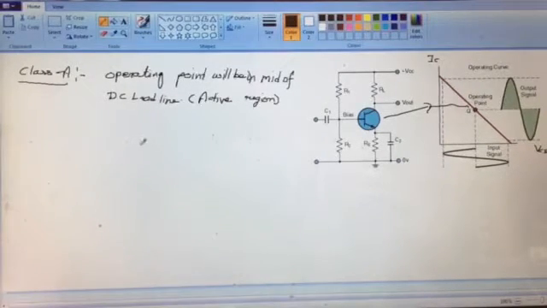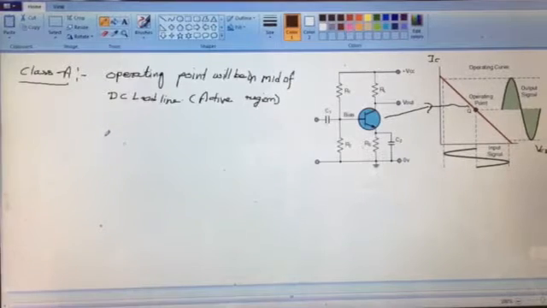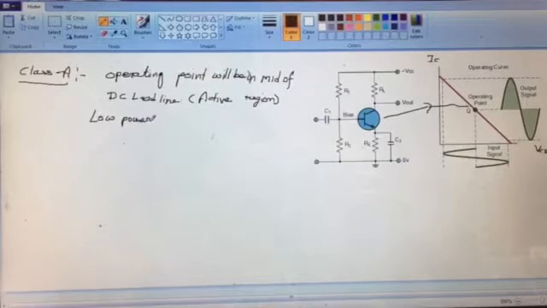However, it has low power and low frequency.